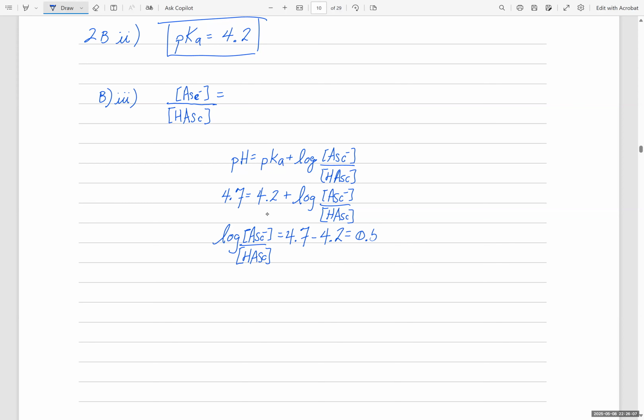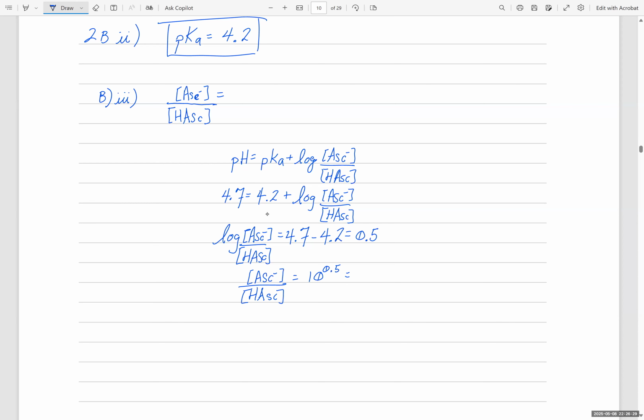So you're going to take the antilog of both sides, which makes the log drop out on this side. And how do you take the antilog? It's 10 raised to 0.5, because we're talking base 10 logarithms.